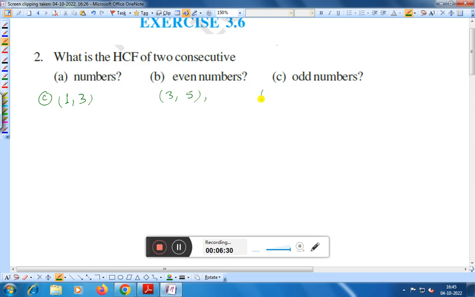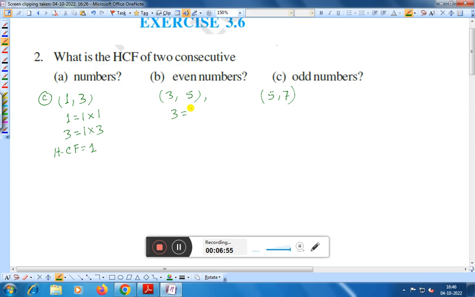Next one is 5, 7, etc. First, 1 can be written as 1 into 1, and 3 can be written as 1 into 3. Therefore, the HCF of 1 and 3 is equal to 1.